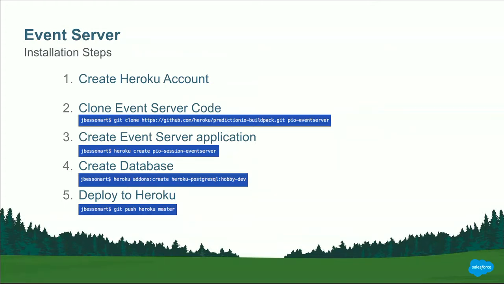Once you have that, you just have to clone the event server app using that simple command. Then once you have the code, you create the event server application, and then you create a database. All the information that you are creating here will later be used to set up the engine. And then we just deploy that new application to Heroku.